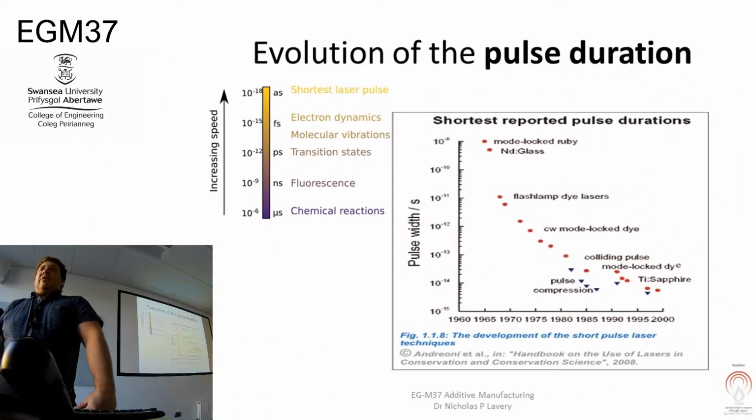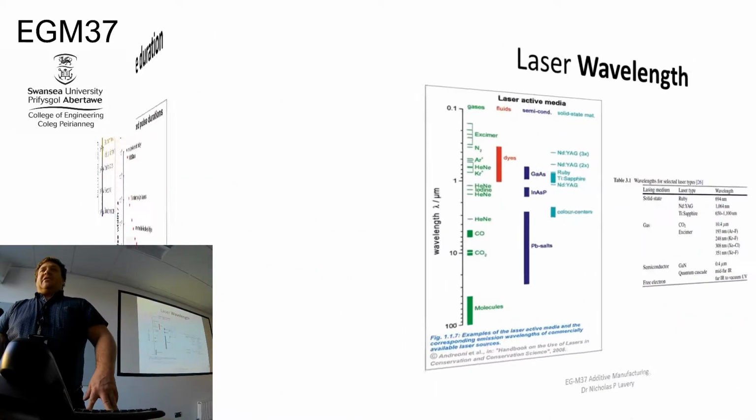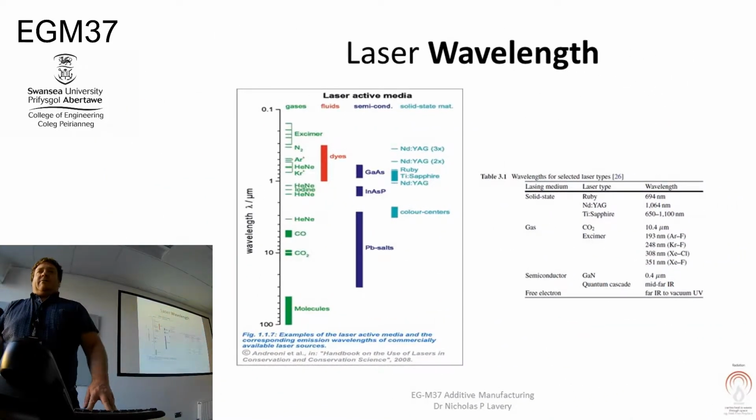So two things with the lasers have evolved. One is the pulse duration, which has got shorter and shorter, and the other is the wavelength. They've changed as more lasers have been developed, starting with the gases and going on to the solid state Nd:YAG type lasers. The typical wavelengths that we're interested in on the optical side are between 1 and 10 microns.